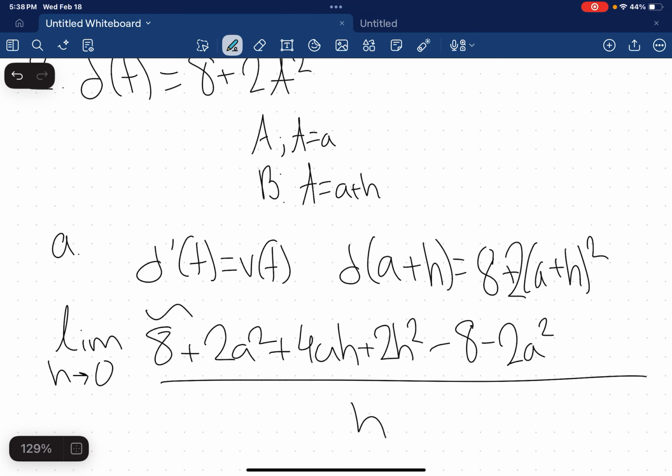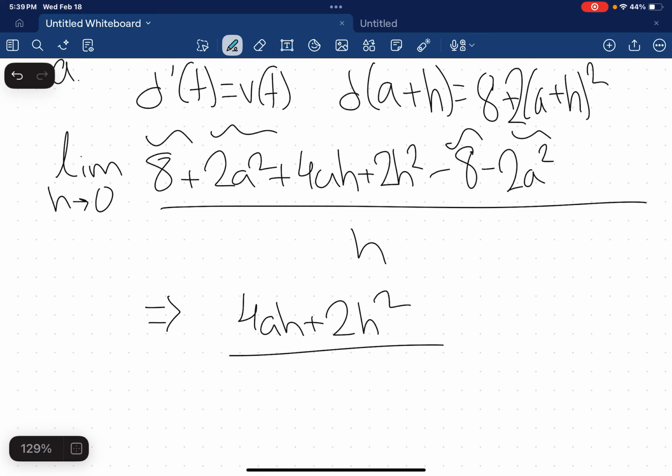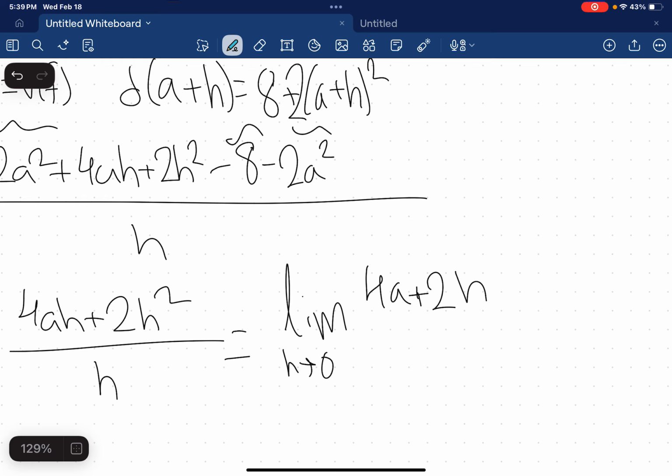These 8s end up canceling out, 2a squared cancels out. This leaves us with 4ah plus 2h squared over h. Those h's cancel out to give us the limit as h approaches 0 of 4a plus 2h.